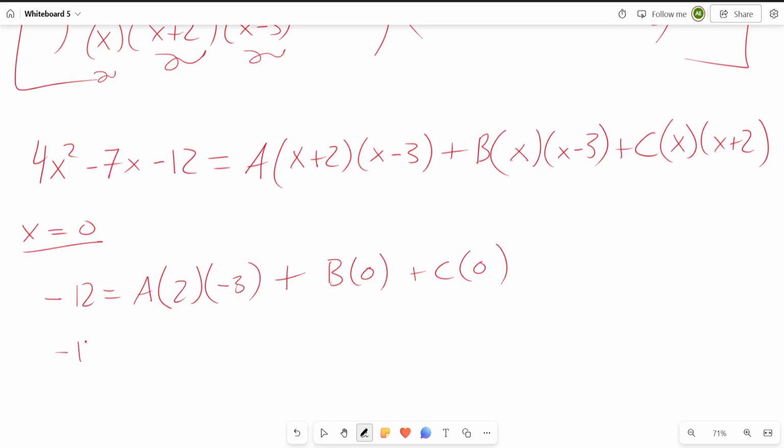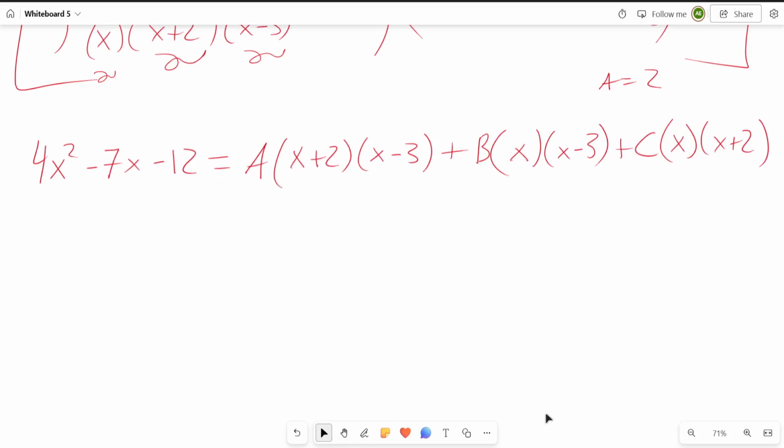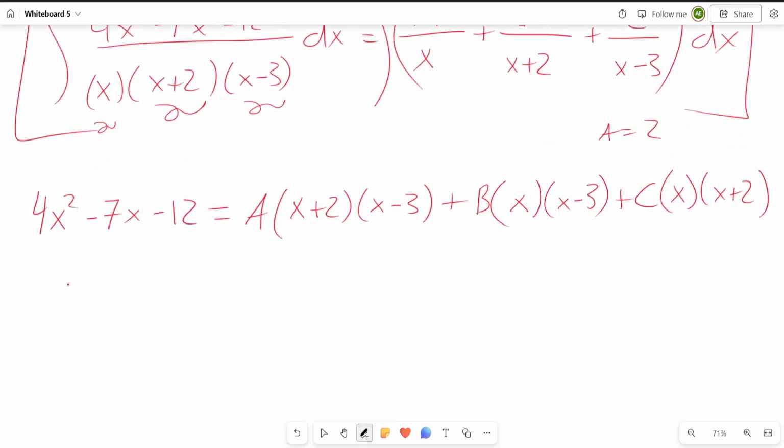So I'm going to have minus 12 equals 2 times minus 3, which is minus 6a, which is going to give me a, dividing by minus 6 on both sides, so it's going to be positive 2. So this is my a. Let's write it here. a equals 2. And let's erase this. So now we found our a. Let's say we will substitute x with a smart value.